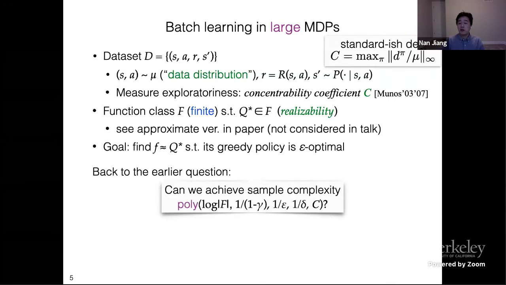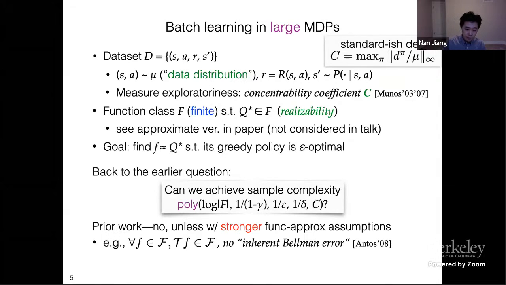And now we can go back to our earlier, vague informal question and make it slightly more formal. That is, with all this setup, is it possible at all to achieve a polynomial sample complexity, where the polynomial can depend on the logarithmic size of the function class, the effective horizon 1/(1 minus gamma), the usual PAC parameters, and the C parameter that describes the data quality?